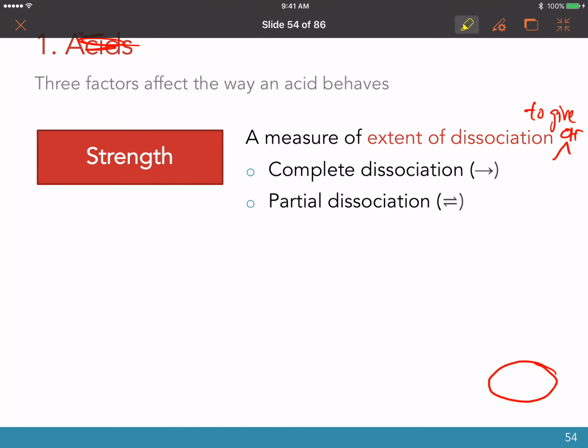Next, what is a strong or weak alkali? Strong or weak alkali is dependent on their extent of dissociation to give hydroxide ions. Again, complete dissociation is a full arrow, partial is a reversible arrow.